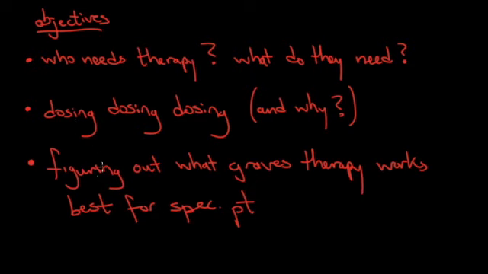And then also, I would expect a lot of case-based stuff to try and figure out what Graves therapy works best for a specific patient, because it really can be on a patient-by-patient basis, and you need to have an understanding of that.